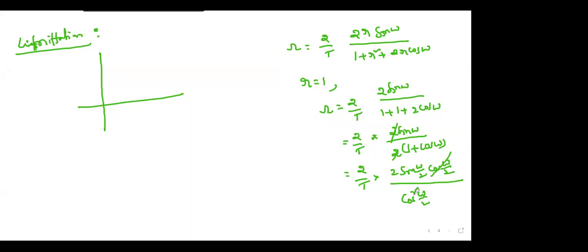Yes, sir. Now cos cancels. So this is written as 2 sine omega by 2 cos omega by 2 over 2 cos square omega by 2. So 2 cancels. It will give you 2 by T into tan omega by 2.